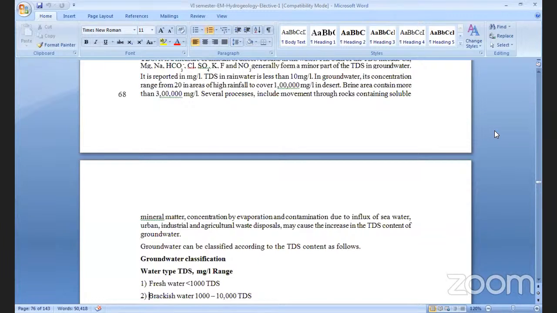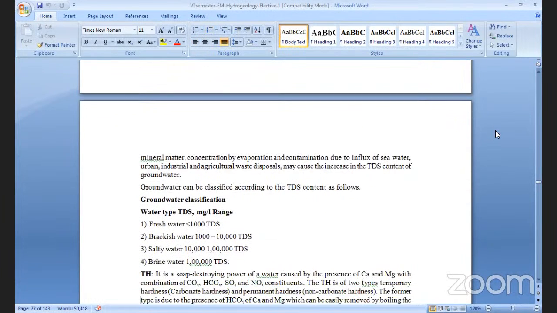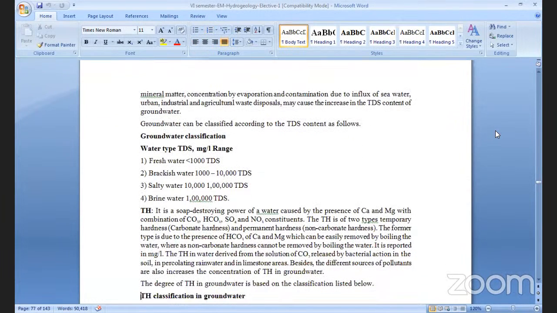Next, based on the TDS content, water has different types and different ranges. There are four types we can classify. One is fresh water. Fresh water, according to BIS, has TDS less than 1000 milligrams per liter.